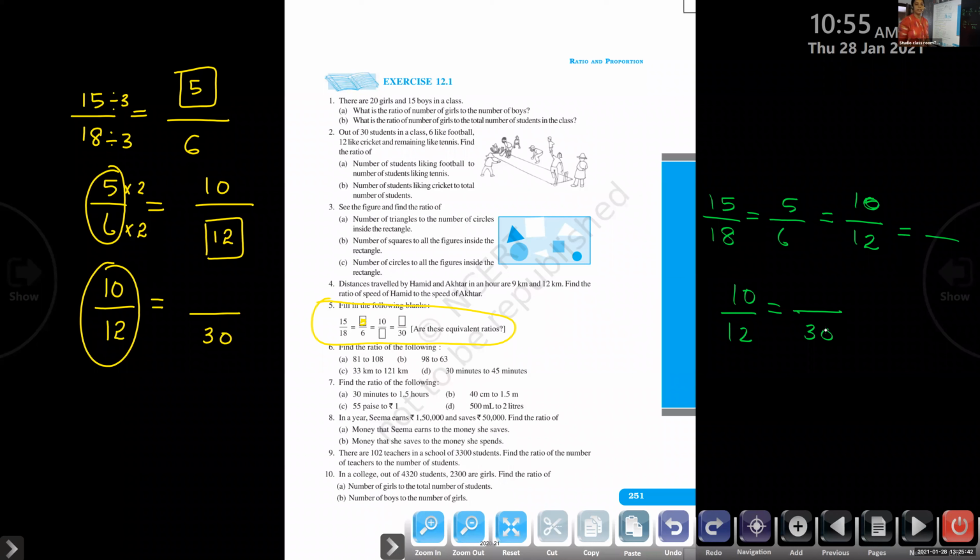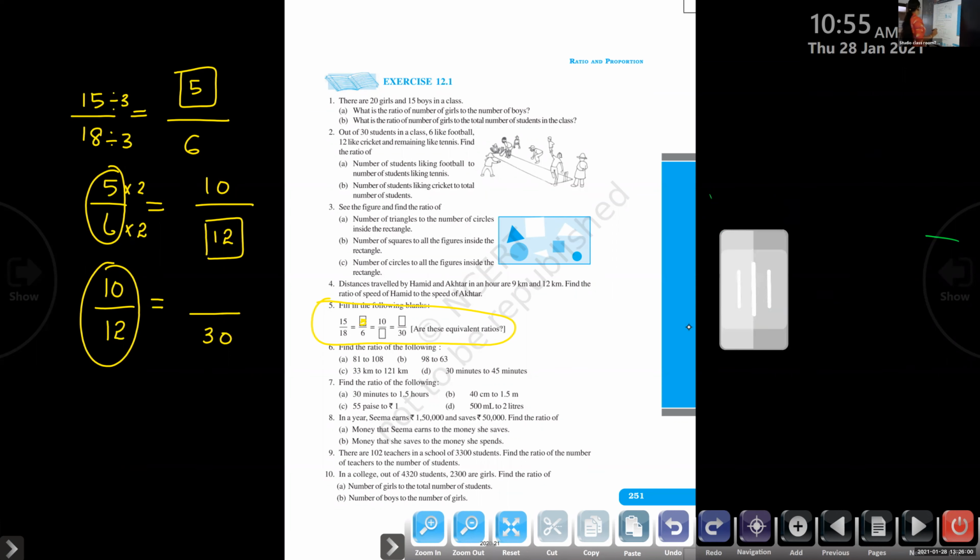Okay, but what is the meaning of equivalent fractions? All these are equivalent fractions, right? Yes. So this is also equal to 5 by 6, isn't it? What is the meaning of equivalent fractions?